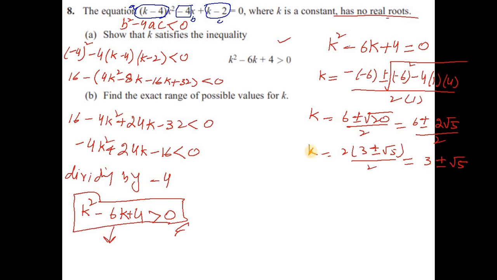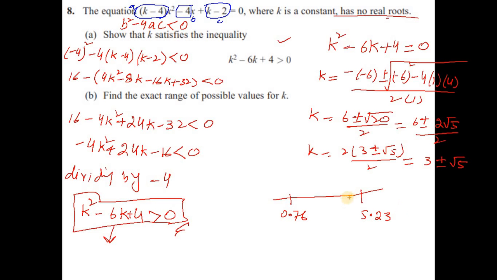So this k is divided by these 2 points: 3 minus root 5 will give you 0.76, and 3 plus root 5 will give you 5.23.